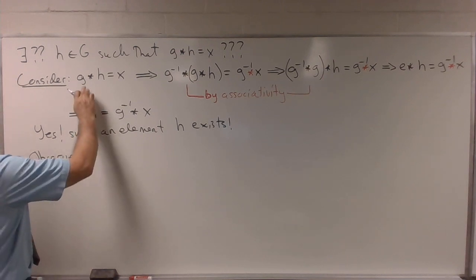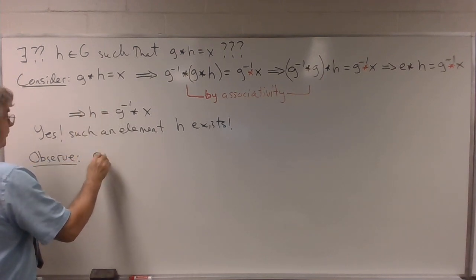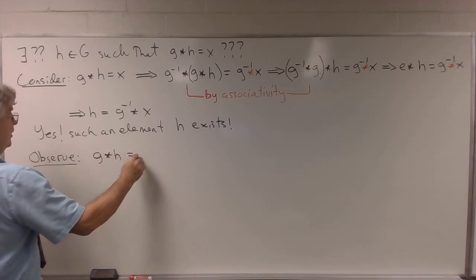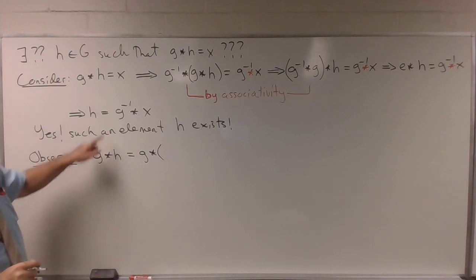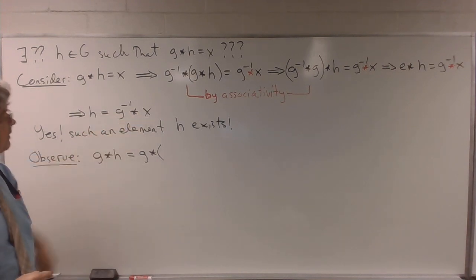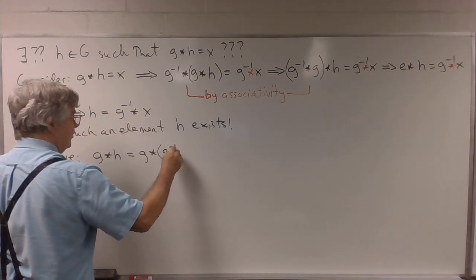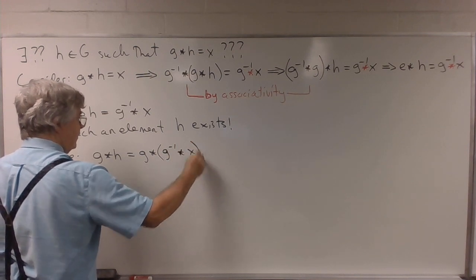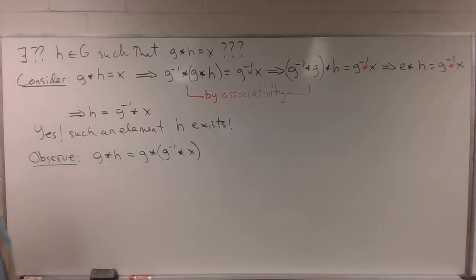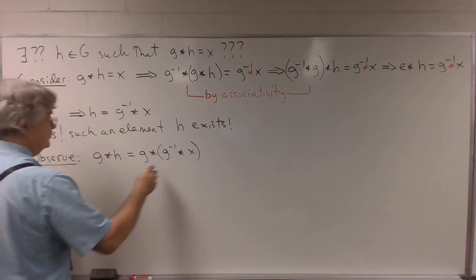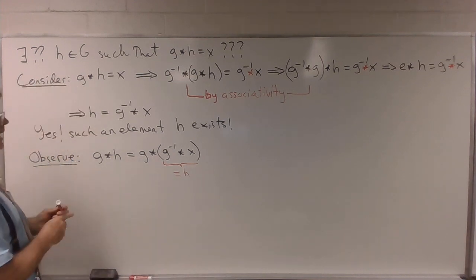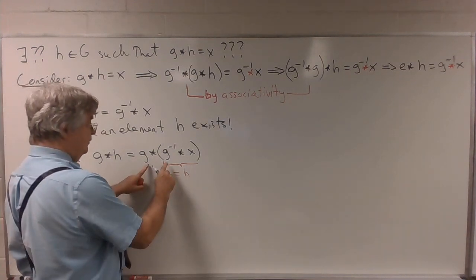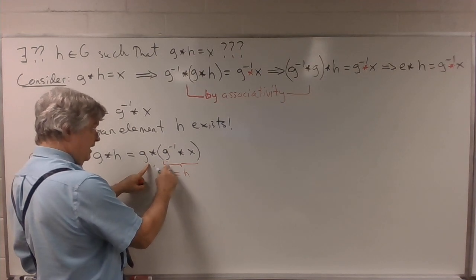So we'll take g star h, and h is g inverse star X. And by associativity, we'll associate these two elements together first.